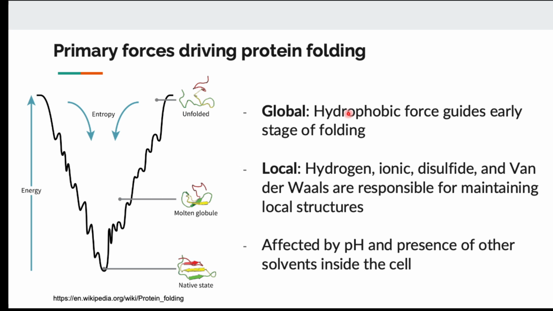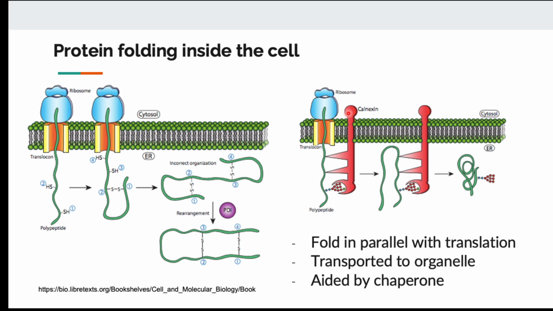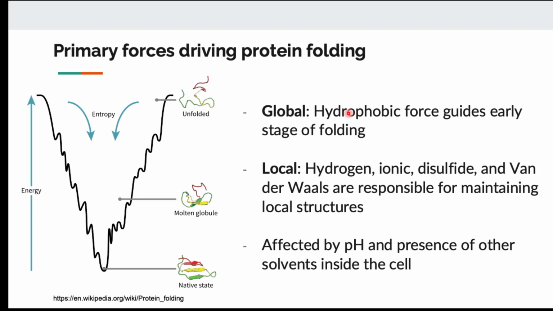So for the overall structure, once the protein is translated, it's still a loose protein strand. The driving force is the hydrophobic force. And then at the smaller scale, hydrogen bonds and these bonds lock the amino acid side chains into place. So you get the secondary structure, and you get the more refined protein domain.